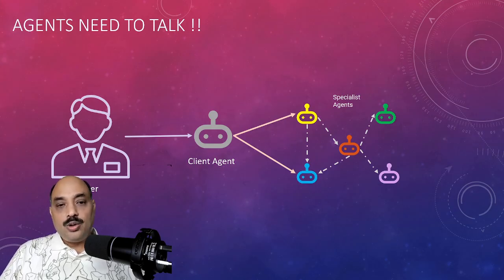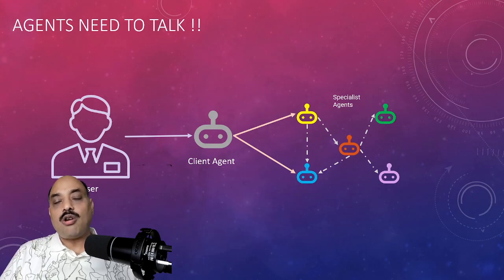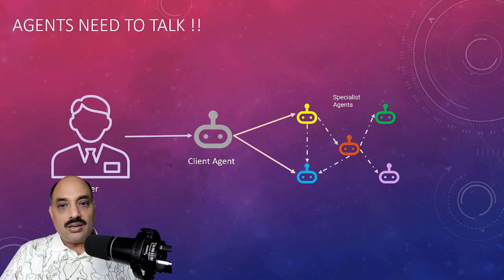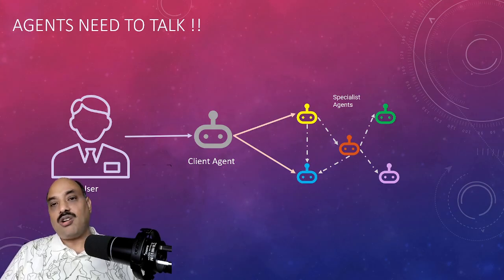To do this, agents need to talk to each other to do business transactions and get the business workflow or the business outcomes fulfilled. So that is what agentic AI is all about.